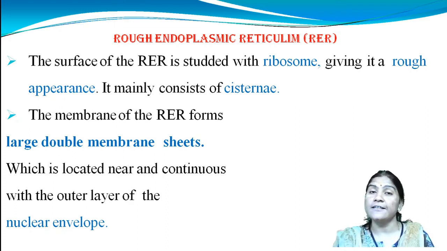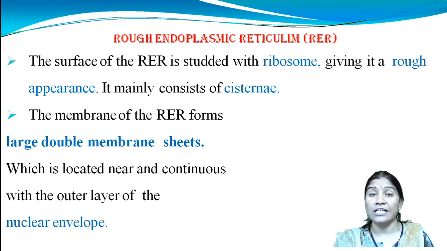So, it mainly consists of the cisternae, which have ribosomes. The membrane of rough endoplasmic reticulum forms large double membrane sheets, which are located near and continuous with the outer layer of the nuclear envelope.